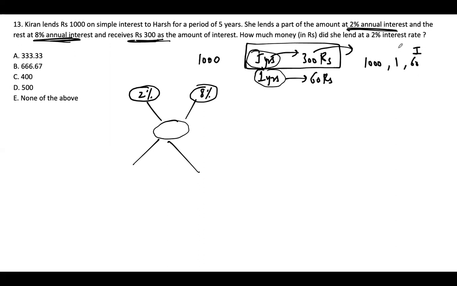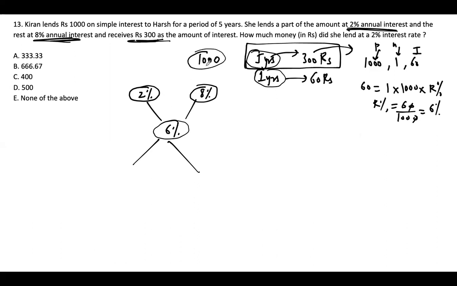You have interest, you have number of years, you have principal. What will be the rate? Simple interest is equal to PNR percent. So R percent is 60 by 1000, which is 6 by 100, which is 6%. So the overall rate is 6%.